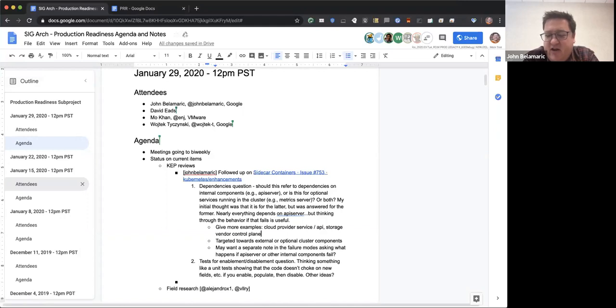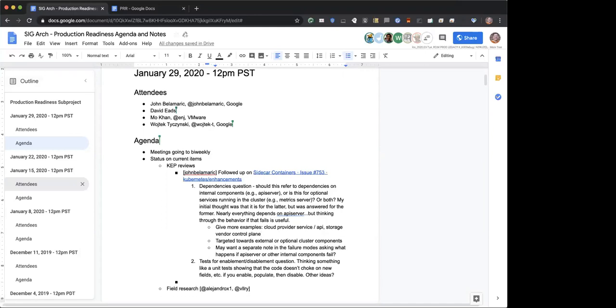I know a lot of our API infrastructure handles some of this for us, but what do we consider sufficient tests for enablement and disablement? Are unit tests sufficient? And what other examples of enablement and disablement tests can we provide? Or do we think this is a reasonable question?